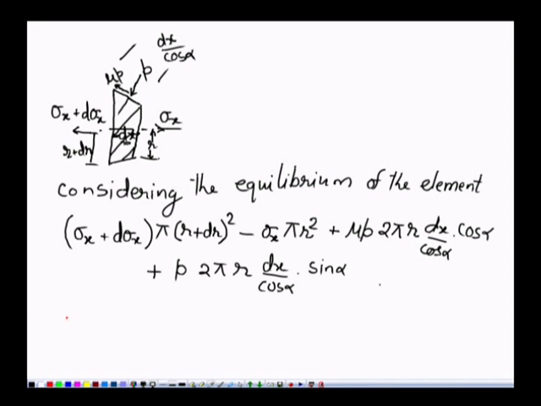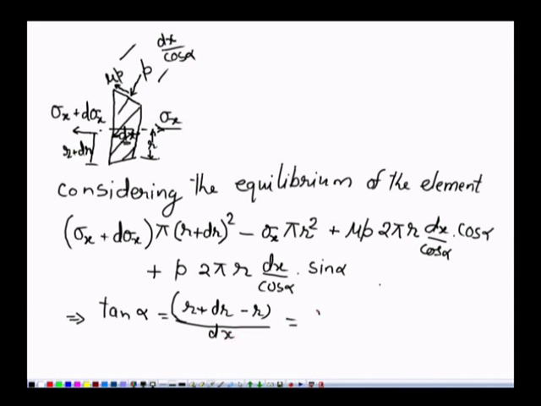Another thing we have to keep for substitution: tan alpha is equal to r plus dr minus r, whole upon the distance, which is dx.